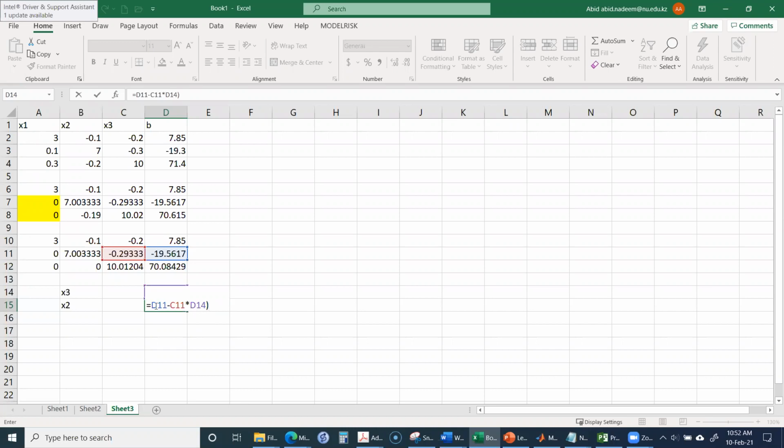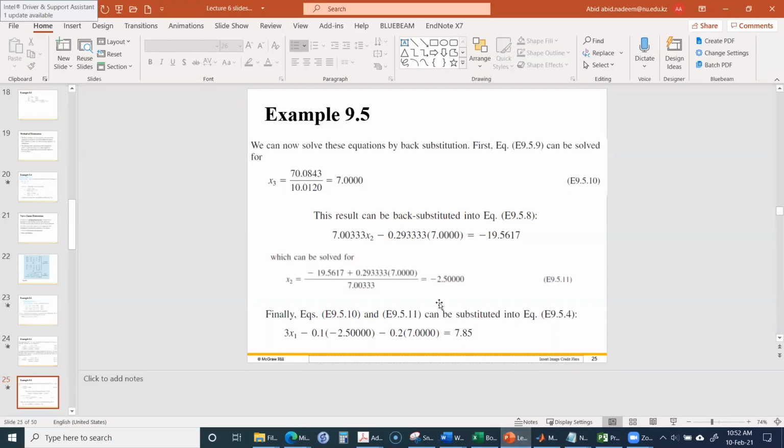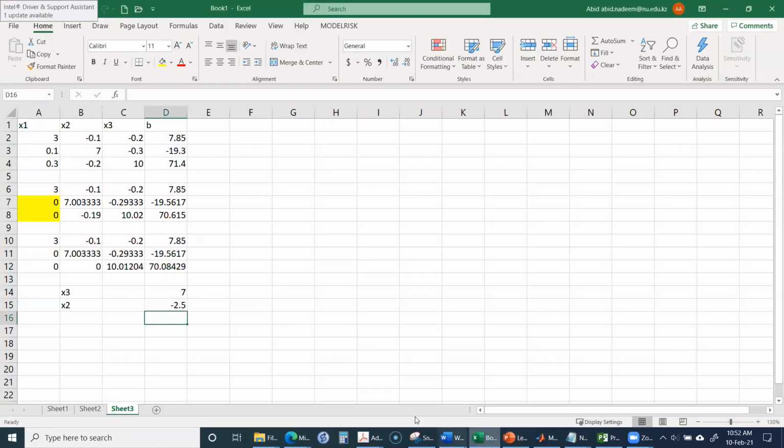This has to be enclosed in the bracket and then divided by this value. And then that will be minus 2.5. Yeah, minus 2.5. And similarly, x1.